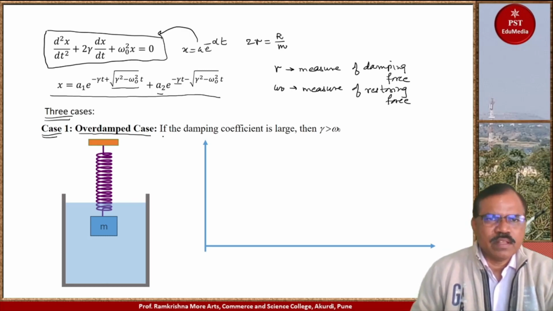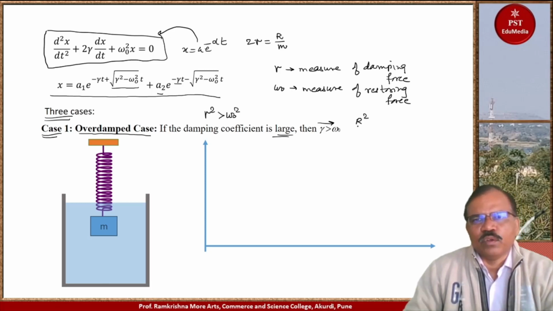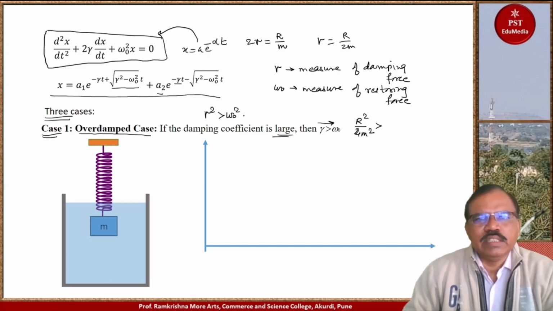Over-damped case means the damping coefficient is large, that is gamma square is greater than omega 0 square, or gamma is greater than omega 0. Now gamma we know is r upon 2m, so gamma square is r square upon 4m square, and it is greater than omega 0 square, that is k by m.